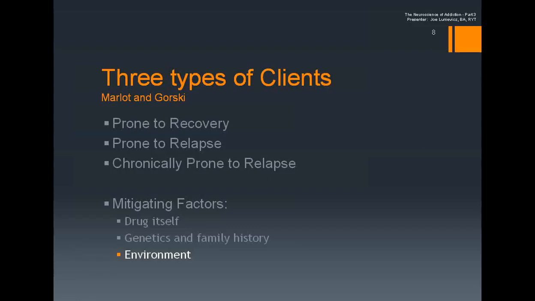Someone who's prone to relapse might be someone who's using a drug, for example, that might have higher addictive qualities, just as an example, say crack or cocaine, who has genetic history. In other words, the vulnerability is high because family history of dependence is high, and the environment might be pro-drug use as opposed to anti-drug use, or maybe just a little bit of this if they're prone to relapse. Chronically prone to relapse, all those factors, you'd have check marks on all three.